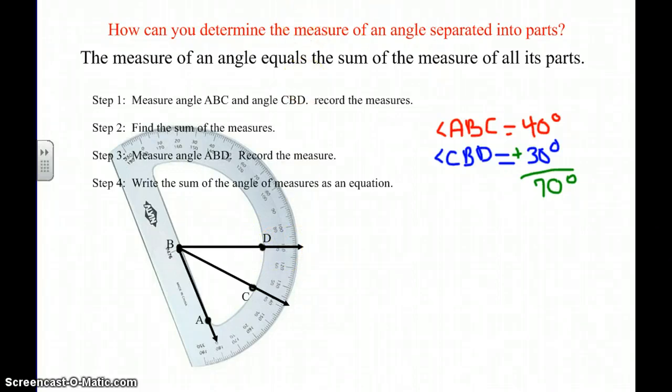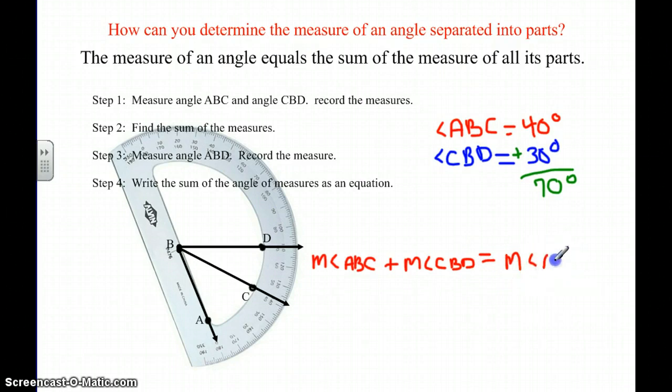So if you're asked to write this in an equation format, you can say measure M. The M means the measure of the angle. So M, the measure of angle ABC, plus the measure of angle CBD equals the measure of angle ABD.